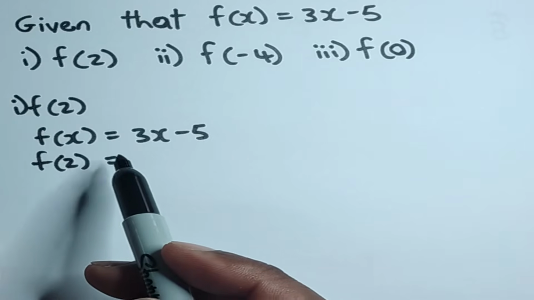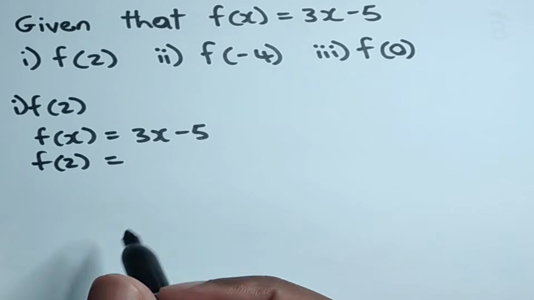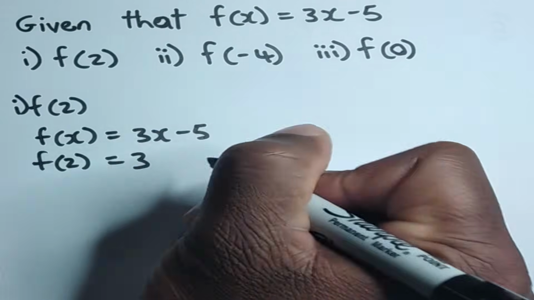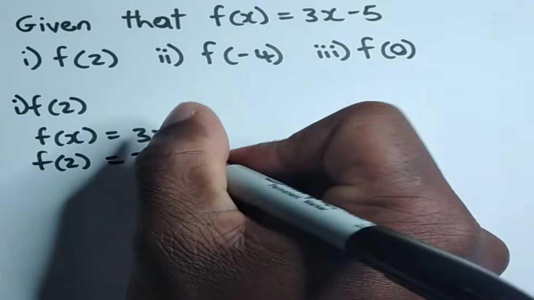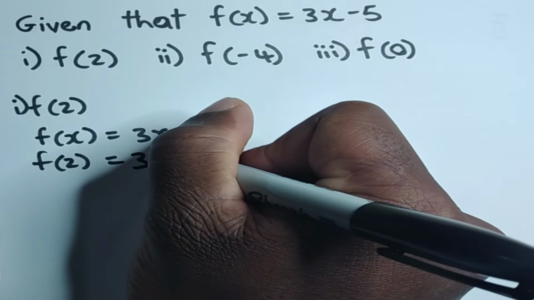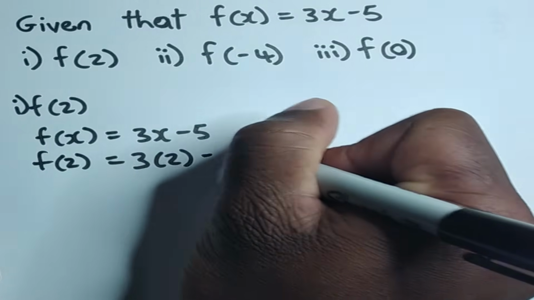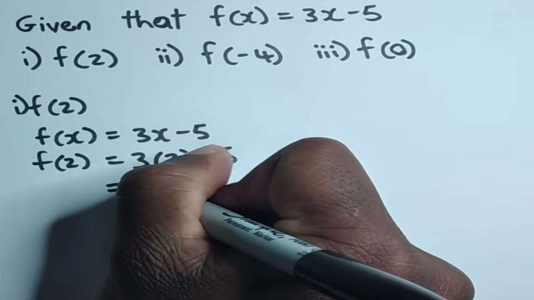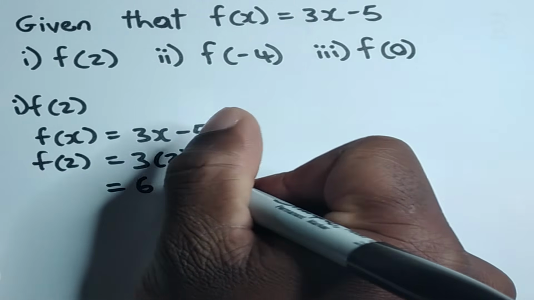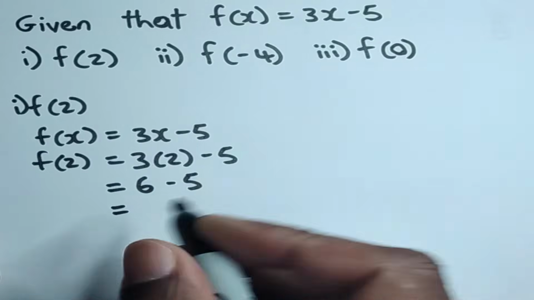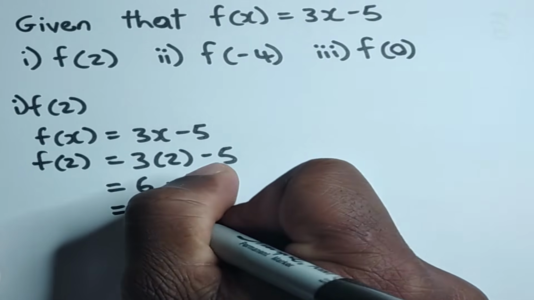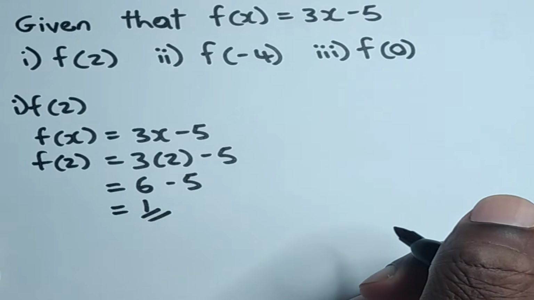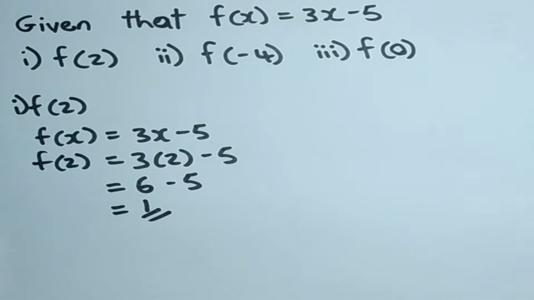So here we have 3, and instead of writing back the x, we replace the x with 2, minus 5. So 3 times 2 is 6, and we put back the minus 5. 6 minus 5 is 1. That is our solution for the first question.